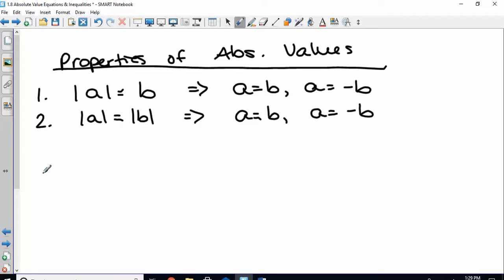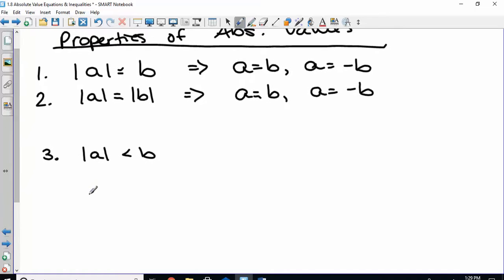All right, with inequalities, when I say the absolute value of A is less than B, less than, you think "and."